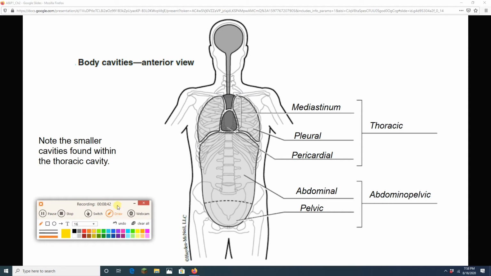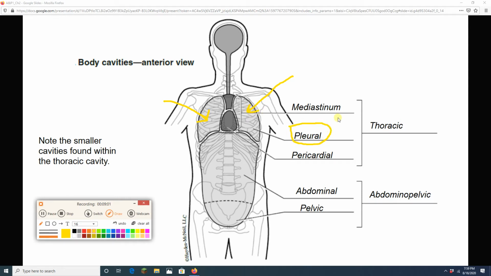Okay, if you think about the major occupants of the thoracic cavity, what's taking up most of the space there is going to be a lung on each side, okay? So on each side of the thoracic cavity, there is going to be a lung.